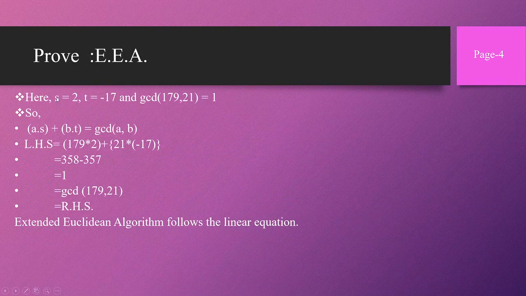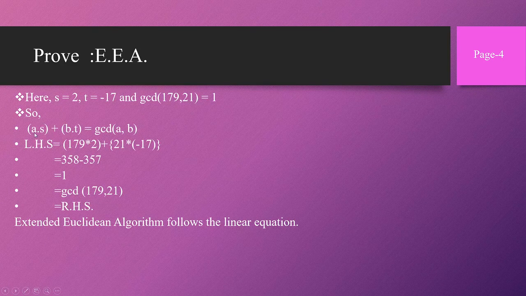Here S is equal to 2, T is equal to minus 17, and GCD of 179 and 21 is equal to 1.